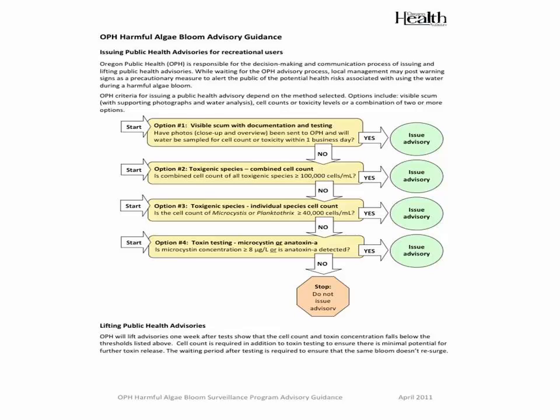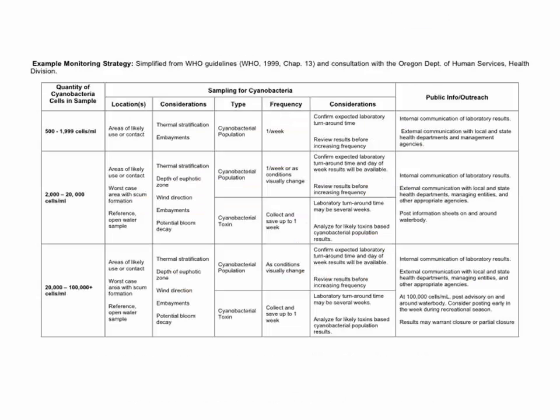So that's how you generate these flow charts for your decision-making process. Putting those all together, this is out of the WHO guideline and the state of Oregon: quantity of cells, type, frequency consideration, public info, and outreach based on different cell counts. So again, you could approach it that way too.